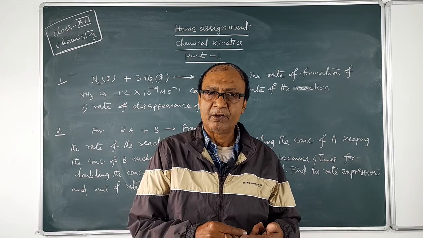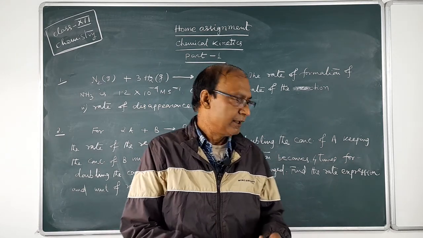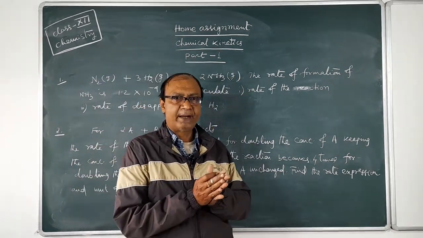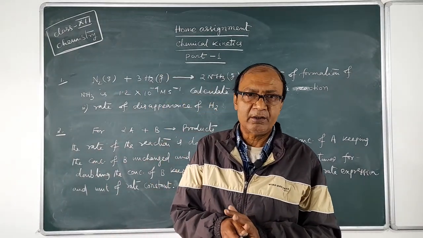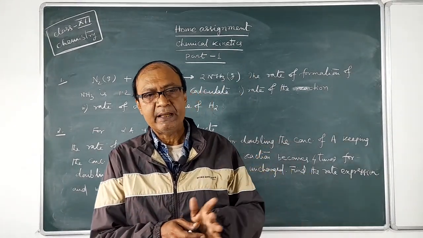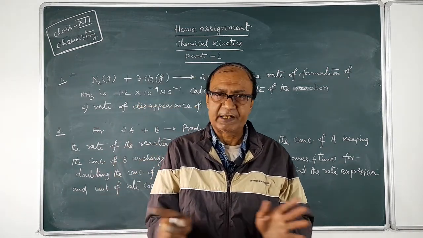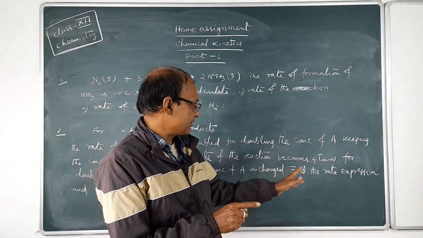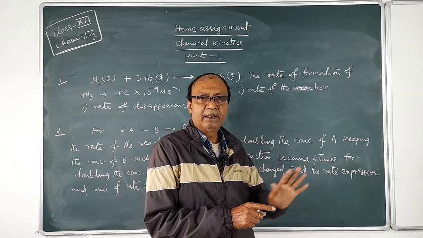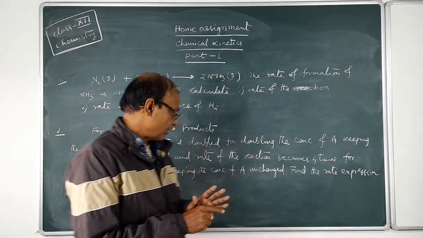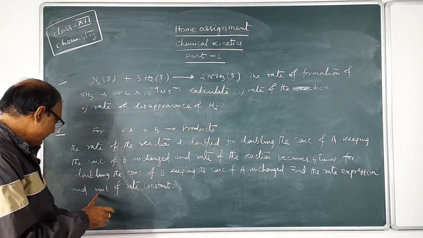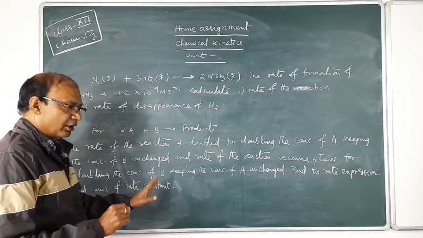In the second part, we are not changing the concentration of A. You have to find the order of the reaction with respect to A, the order with respect to B, and the overall order of the reaction. You have to write the rate expression, the rate law for this reaction, and also find the unit of the rate constant.